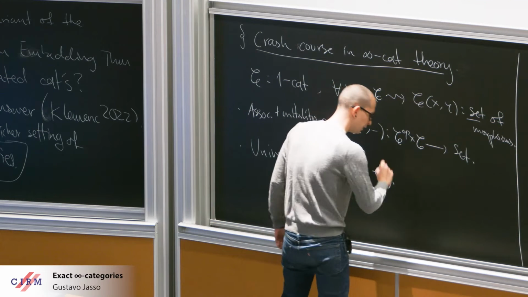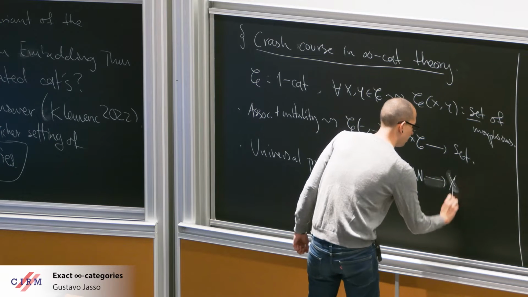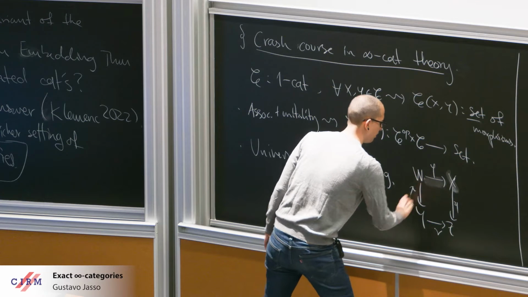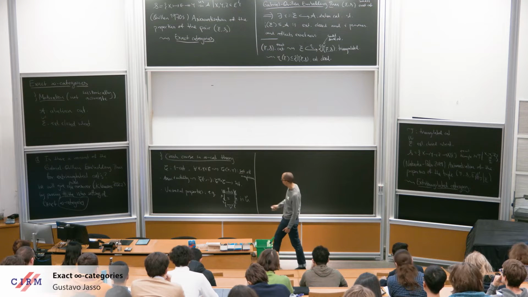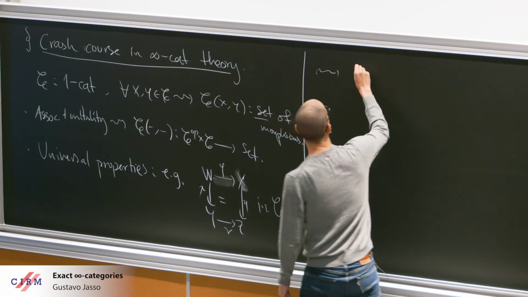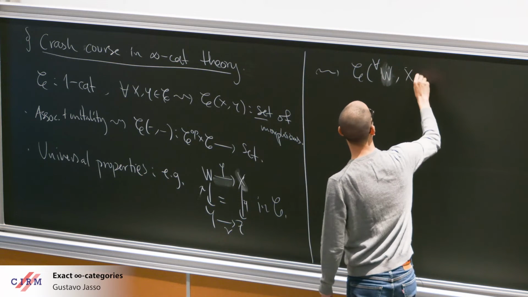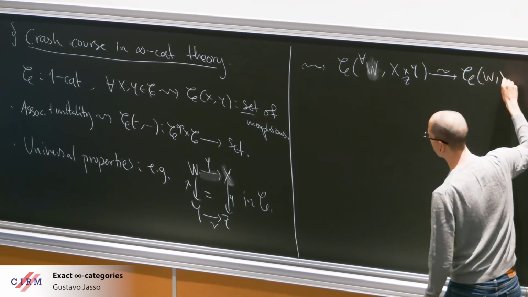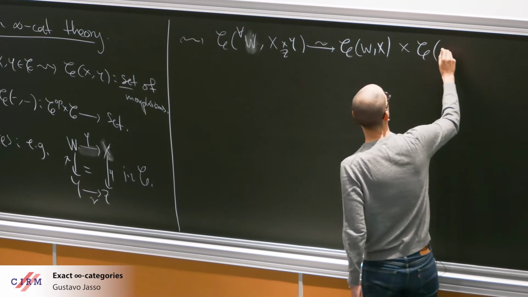For example, if I have a commutative square in C, and I have a pullback of this cospan, then I have, for every W, the functorial bijection to the pullback of the corresponding sets of morphisms, right?